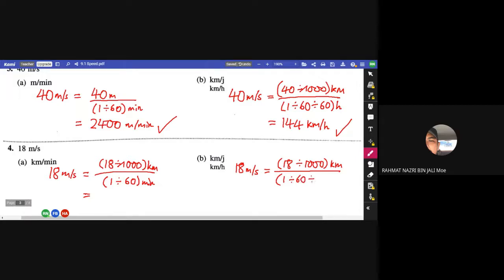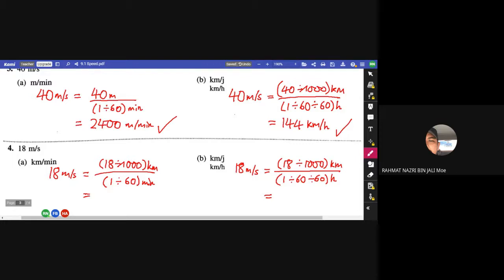Sixty divided by 60. Okay, what is the answer for A? 1.08 kilometer per minute, correct.